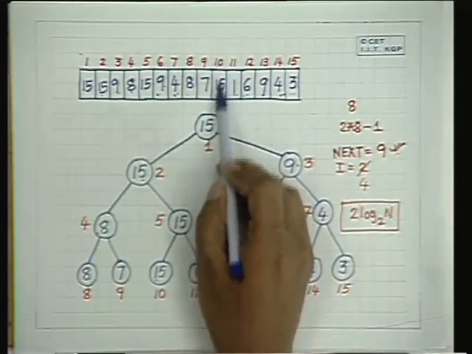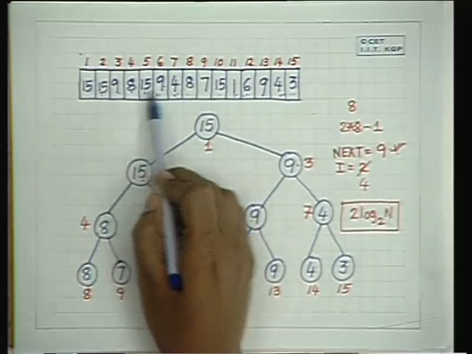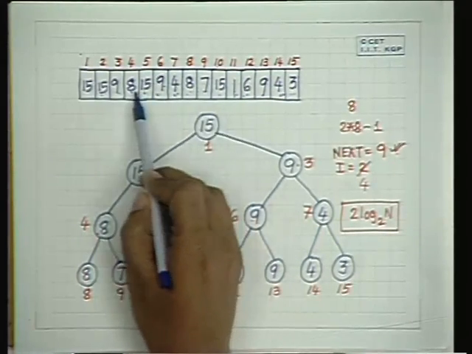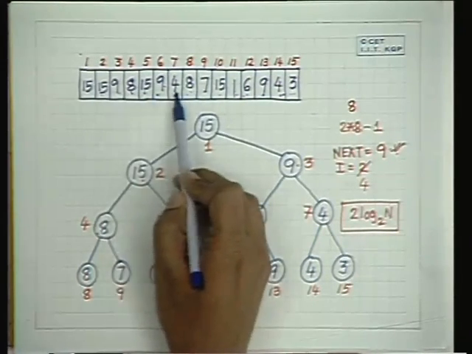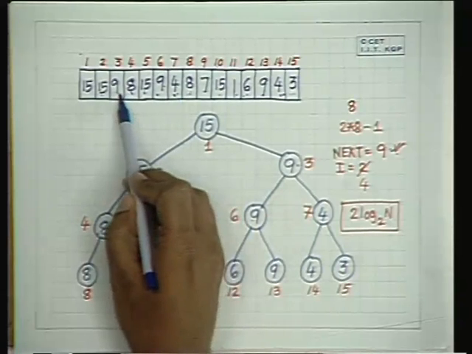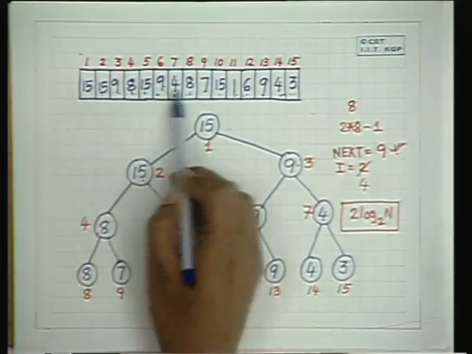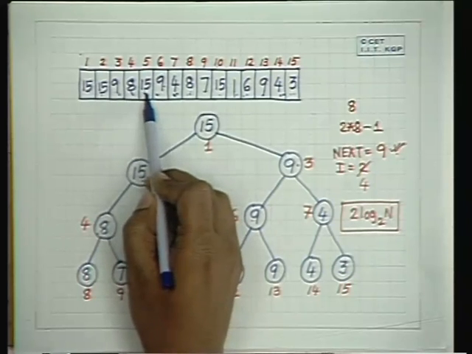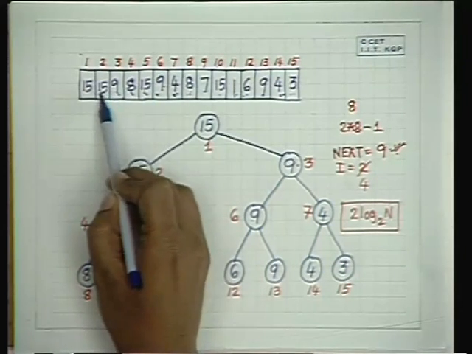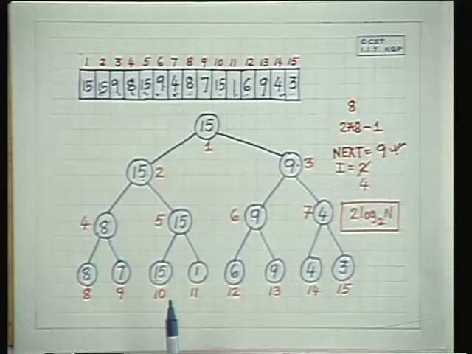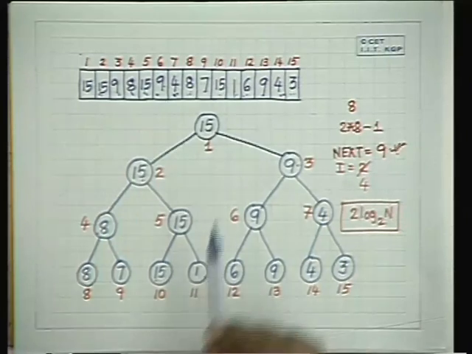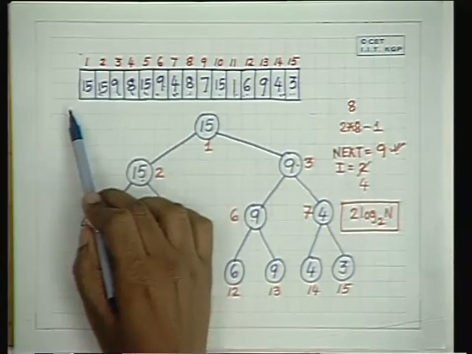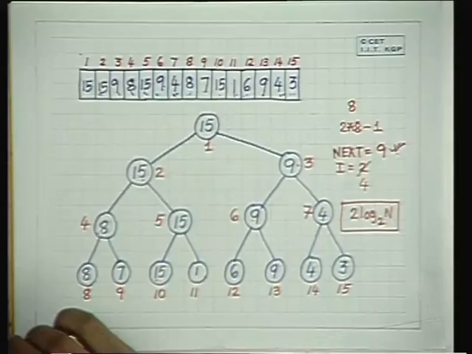Then those in locations 10 and 11 we stored in location 5. Those in 8 and 9 we stored in location 4, and we continued. Those in 6 and 7 we stored in location 3. Those in 4 and 5 we stored in 2, and the comparison of 2 and 3 we stored in 1. Therefore, the algorithm to build up a tournament was a very simple algorithm.